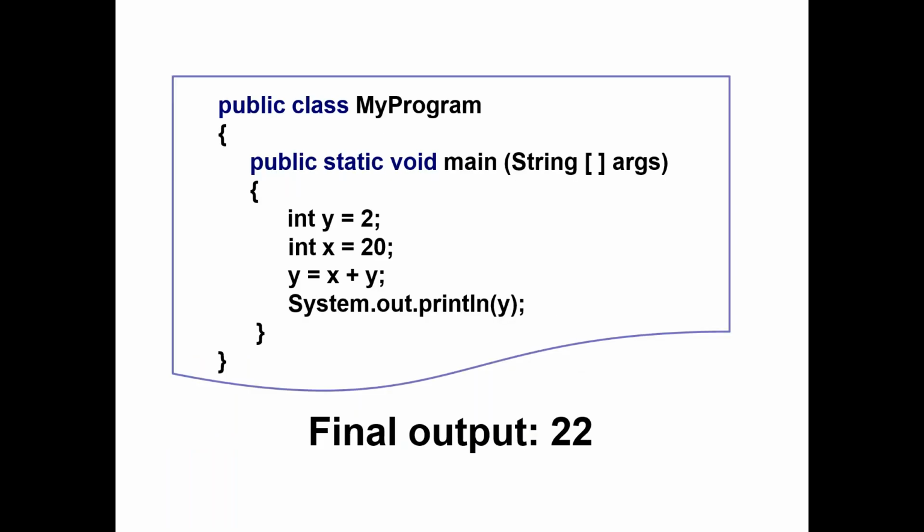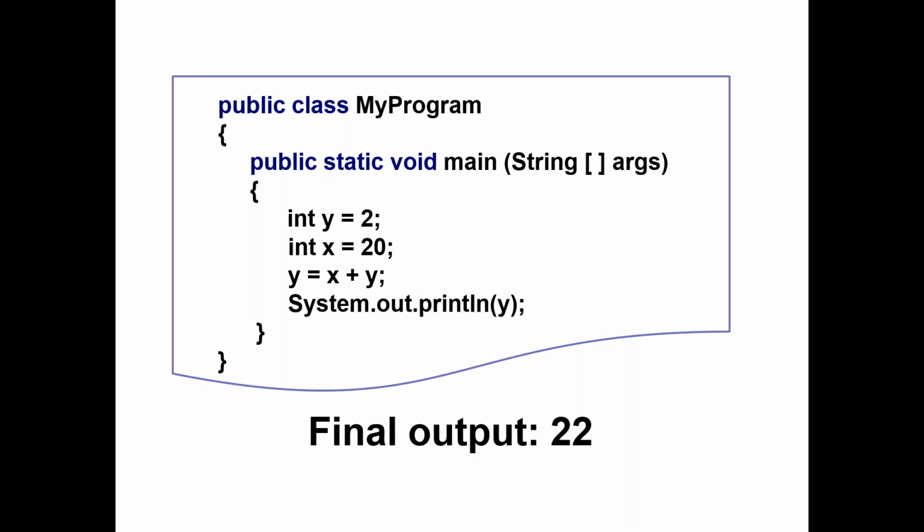As an example, from here we can see that we have two integers, y and x. We have an initial value of y, which is 2, and an additional value for x, which is 20.